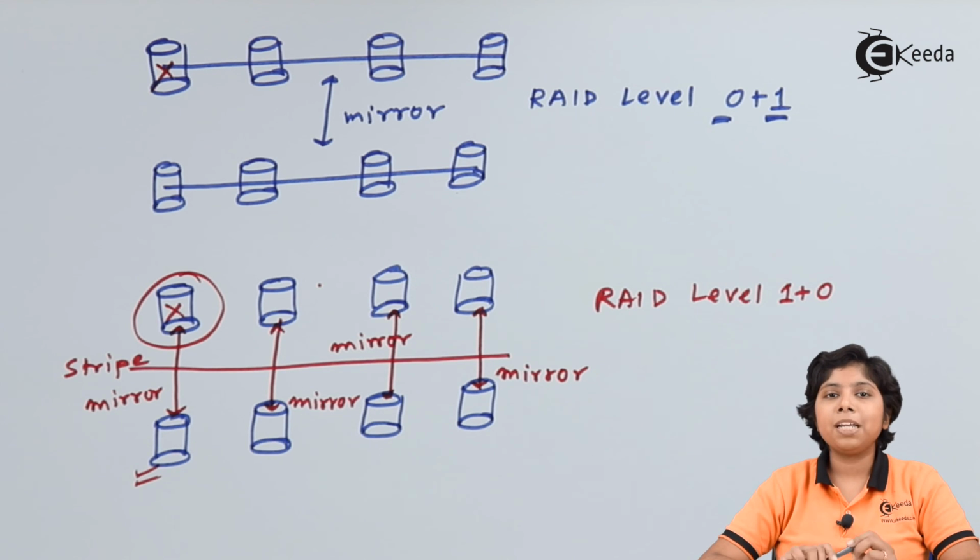If we are implementing a high number of disks in a particular RAID level implementation, then it will definitely increase the data transfer rate, because the higher the number of disks, the higher the data transfer rate. But it also makes the system very expensive as magnetic disks are very expensive.